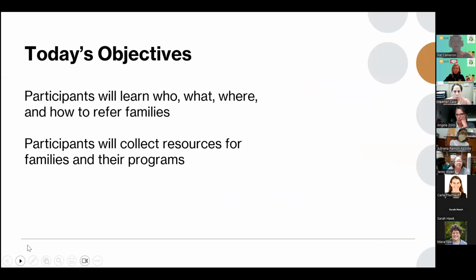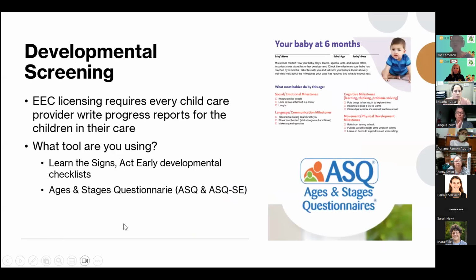So let's get started. When you think about the developmental screenings or the tools that you are using, every EEC licensed program requires that every child care provider be writing progress reports on infants and toddlers every 3 months and on preschoolers every 6 months.